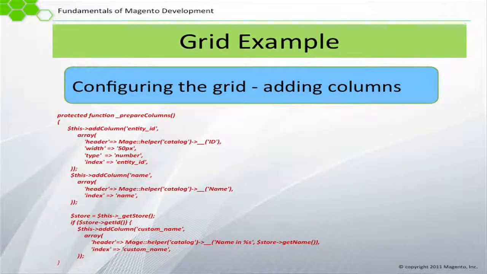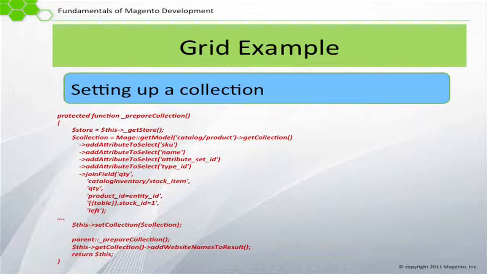And here we go, an example of using prepare columns, calling add column and specifying an array of options. Now setting up a collection. Here in prepare collection, we're getting a collection for the catalog products.